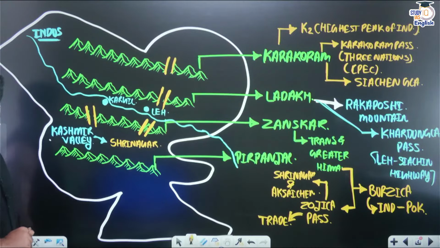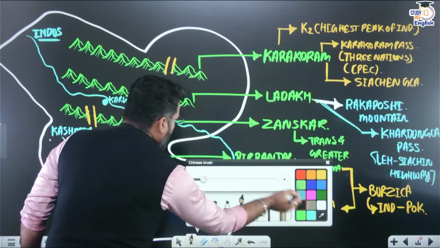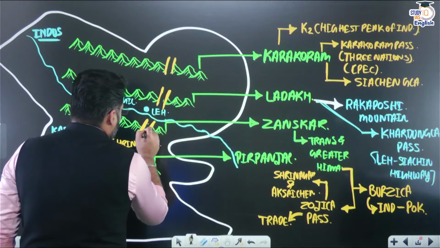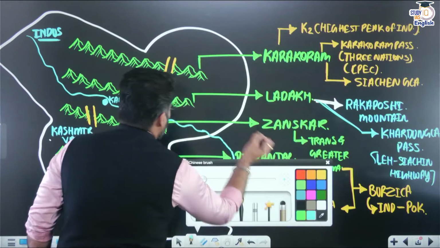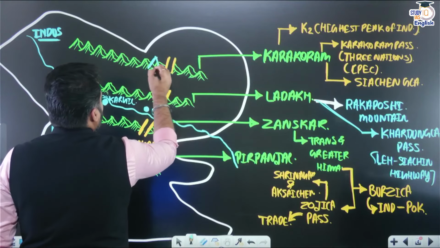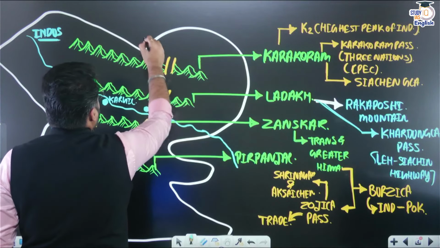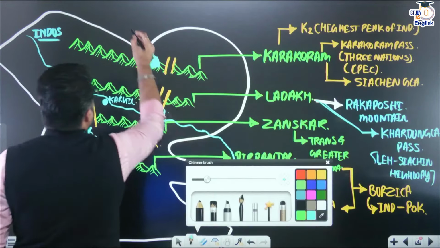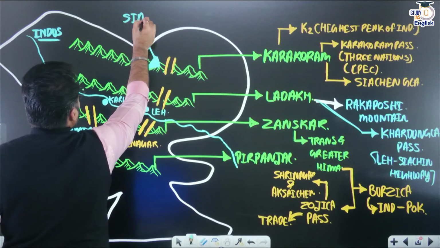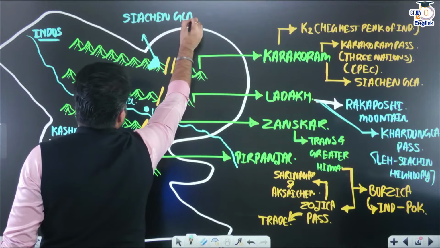Now, from Srinagar, if you want to go to the Siachen section, if you want to enter this part, this is called Siachen. Let me mention it here. This is Siachen Glacier.